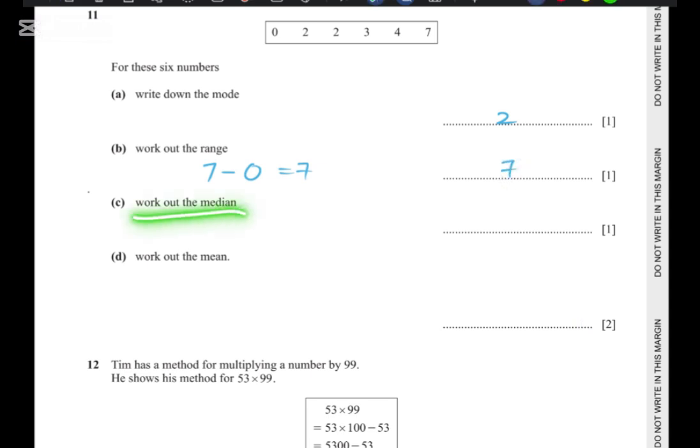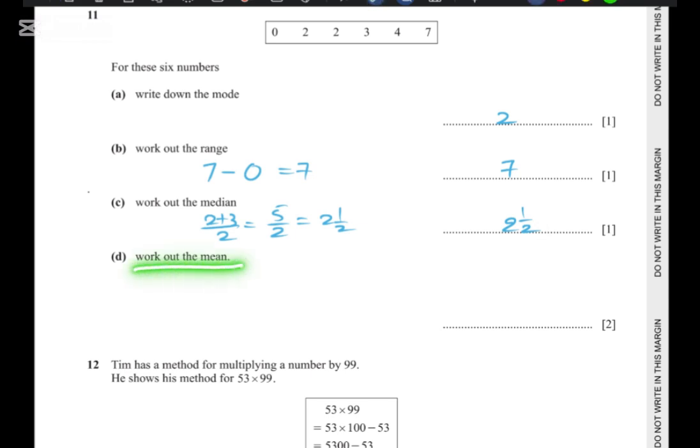Now find the median. Question C says median. Median is arranging the numbers in ascending order, and you can cancel out the numbers from extremes. So I am left with 2 plus 3. Then if I do 2 plus 3 by 2, I get median, which is 5 by 2, which is 2.5. So 2.5 is the median.